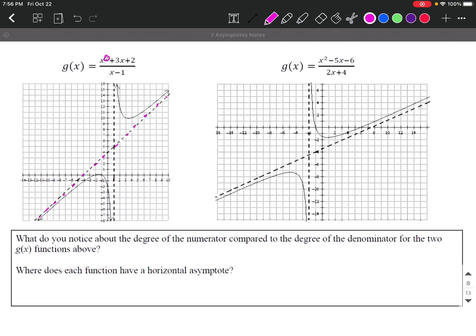Let's look at the other one, g of x is x squared minus 5x minus 6 over 2x to the first. Again, the degree of my numerator is bigger than the degree of my denominator, and we seem to have no horizontal asymptote.